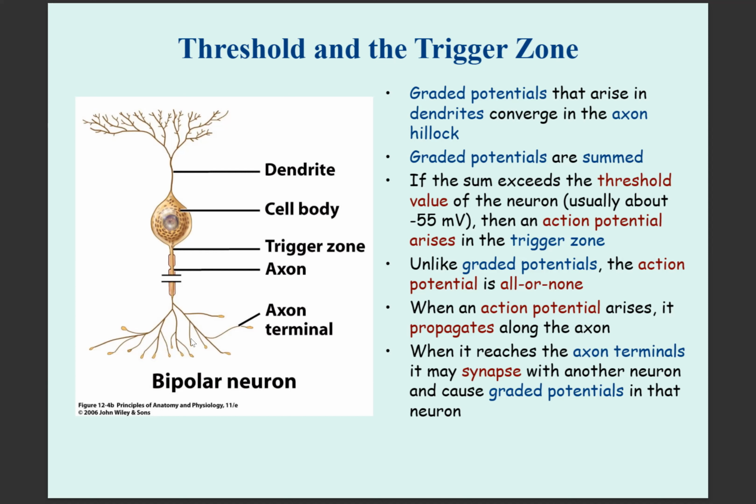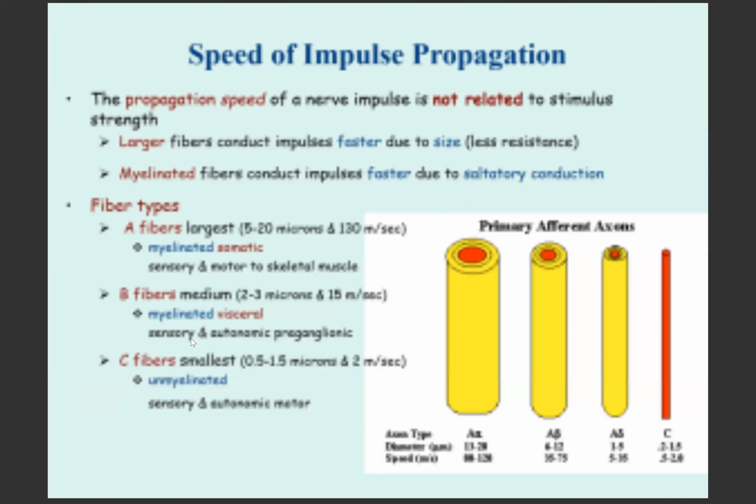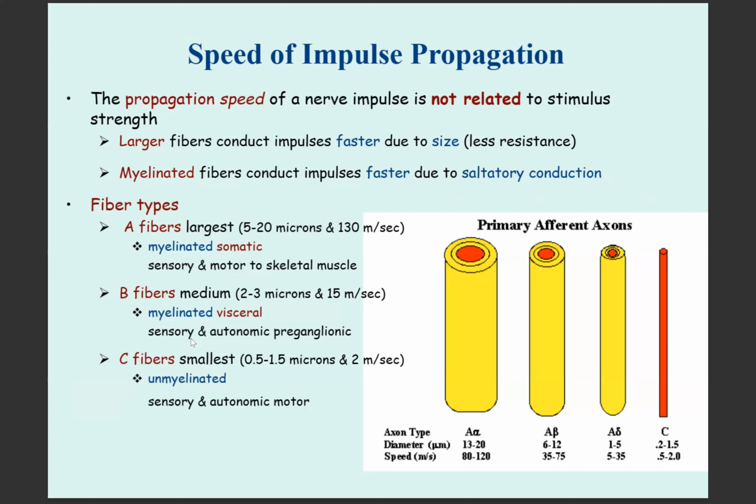And when it reaches its axon hillock, it could cause an action potential to propagate along that neuron and then cause a release of a neurotransmitter from the postsynaptic neuron, which, in the autonomic nervous system, could be sympathetic or parasympathetic. Now, let us see what can influence the speed of the impulse propagation.